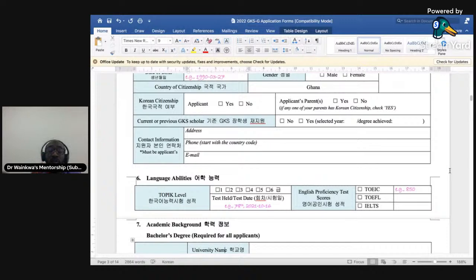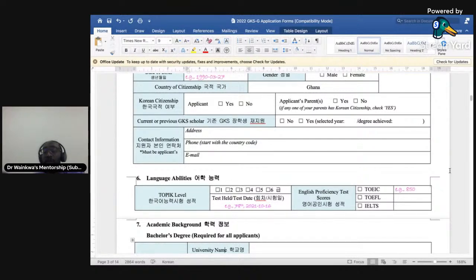For example, if you mention you have TOPIK level three or four, and they call you in Korean and you cannot talk, you cannot express yourself, it will show that you are definitely lying. So you will end up losing the scholarship. Same goes for IELTS, TOEFL, and TOEIC.